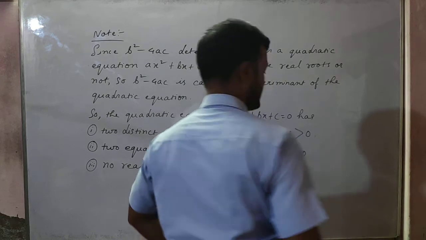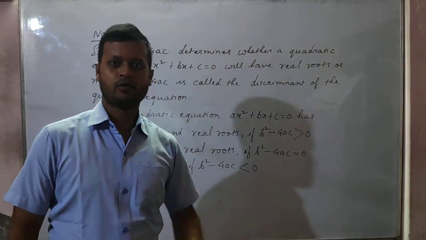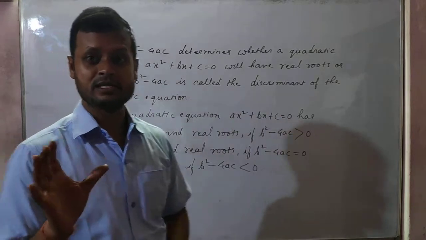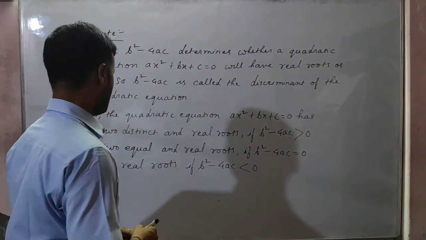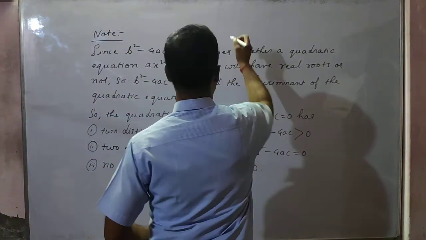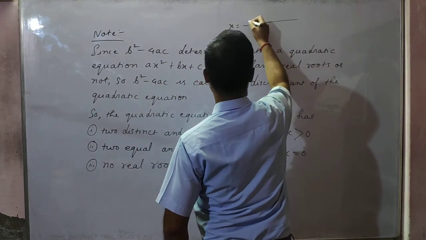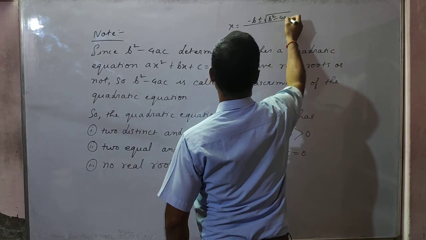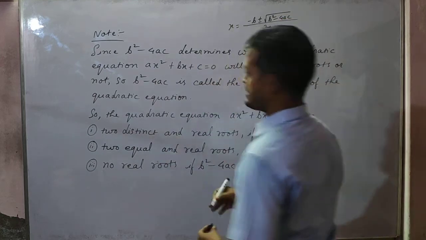So students, just a while ago I explained that b square minus 4ac only determines whether the quadratic equation will have real roots or not. This is our quadratic formula, isn't it? x is equal to minus b plus minus root over b square minus 4ac by twice a, isn't it, friends?